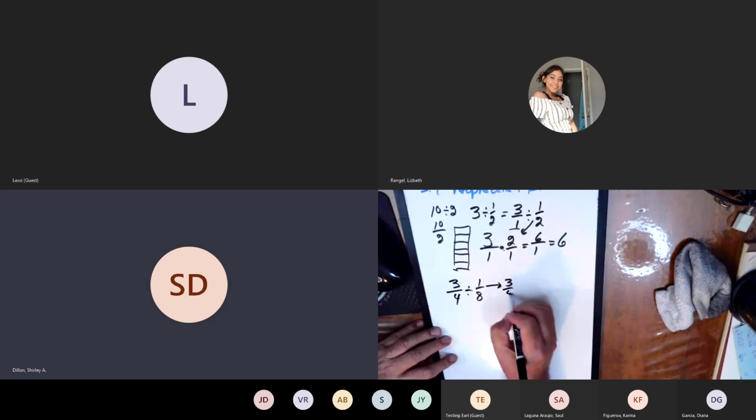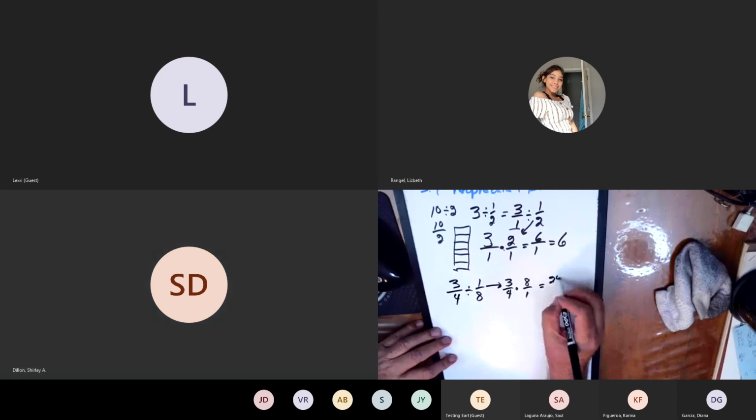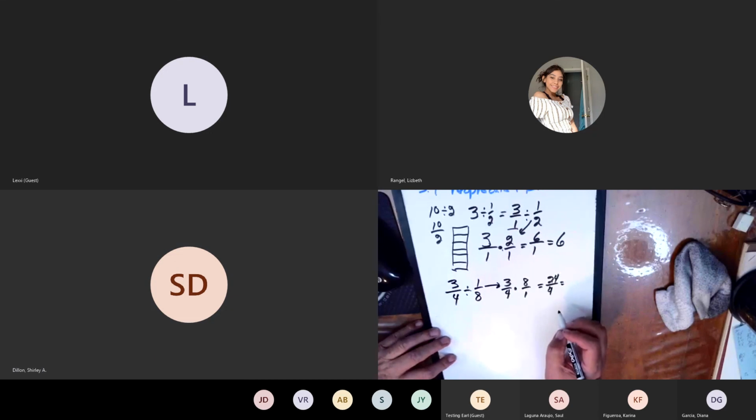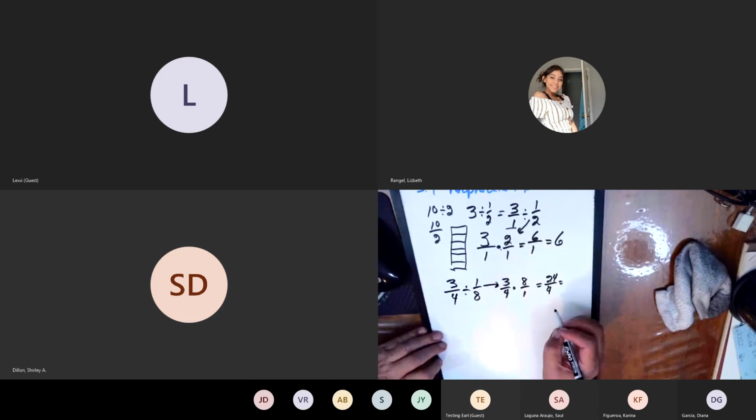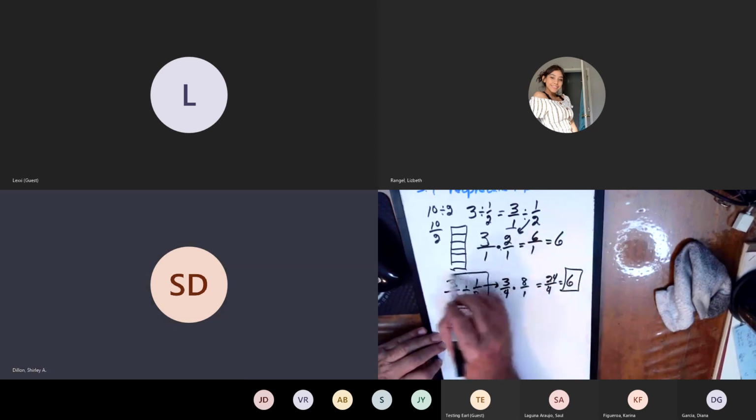You leave the first fraction alone, you take the reciprocal of the second one, and you multiply. 3 times 8 is 24. 4 times 1 is 4. 24 divided by 4, you can take that off your multiplication chart, or you can factor it out, but 24 divided by 4 is 6. So 3/4 divided by 1/8 is 6.